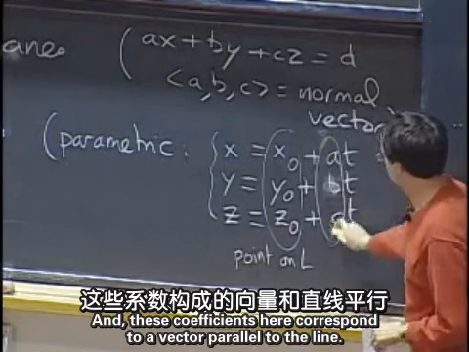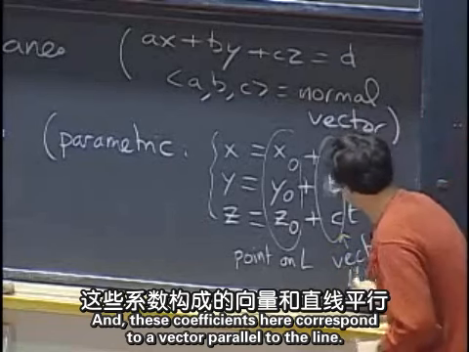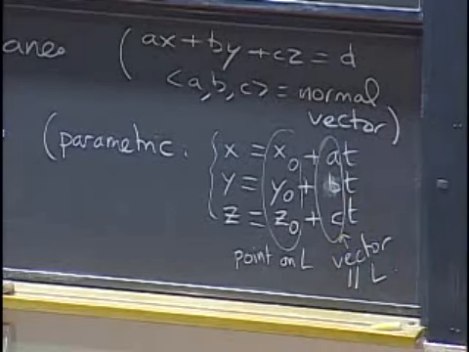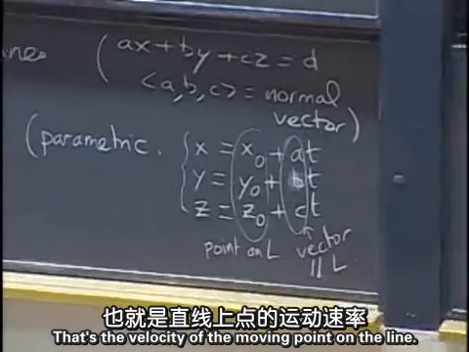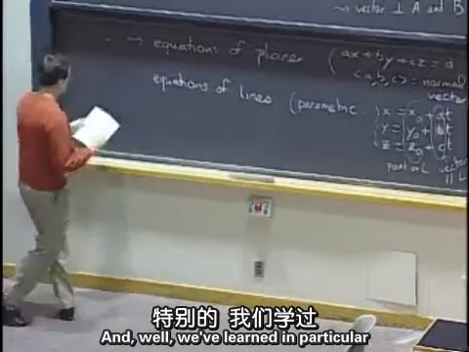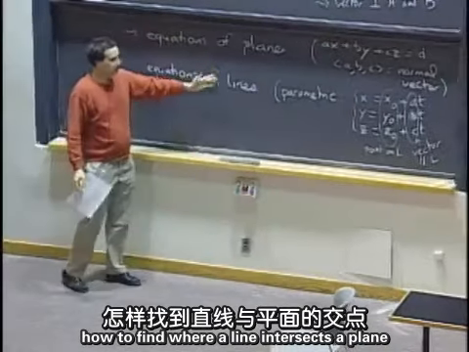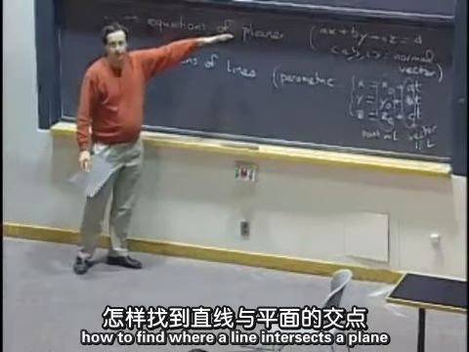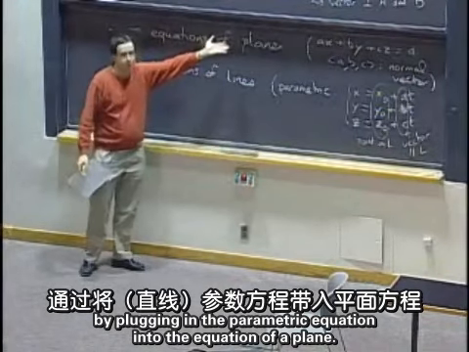And these coefficients here correspond to a vector parallel to the line. That's the velocity of the moving point on the line. And, well, we've learned in particular how to find where a line intersects a plane by plugging the parametric equation into the equation of a plane.